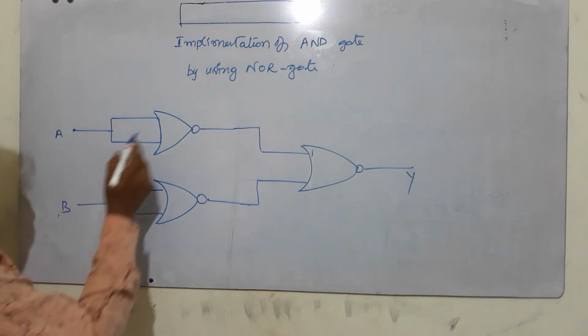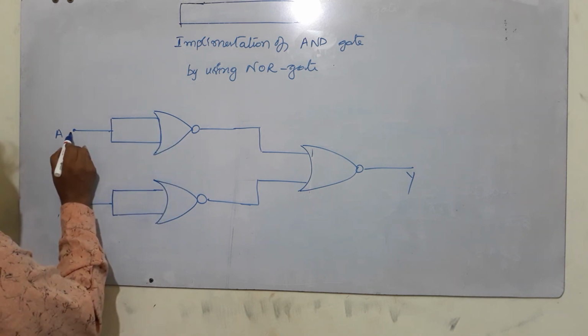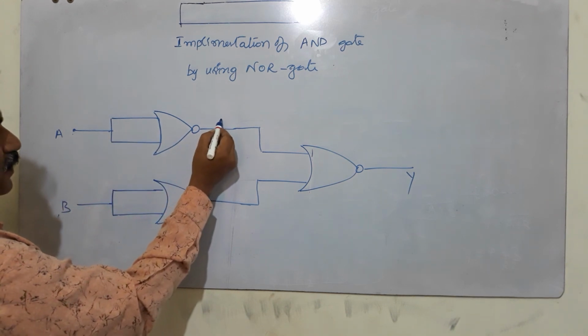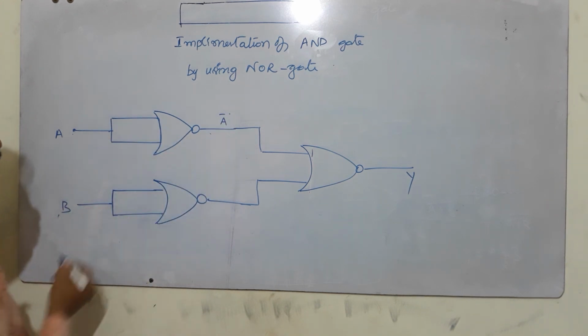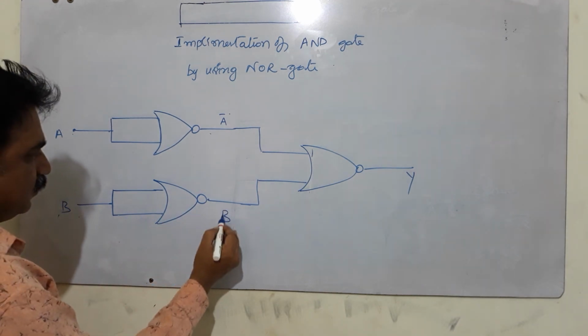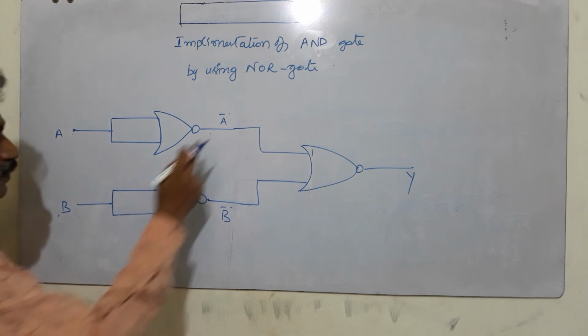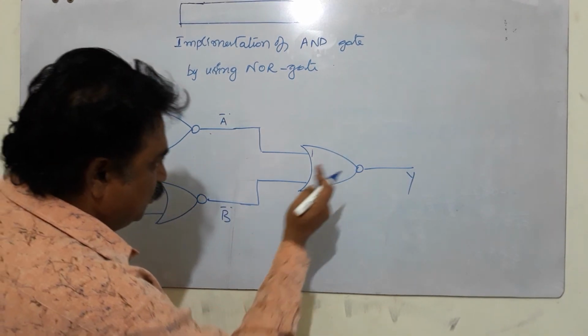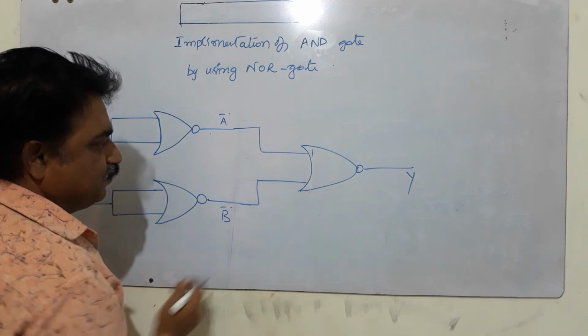See here, first this Y A, here it becomes A bar. B here becomes B bar. Both these A bar and B bar are passing through OR gate first.